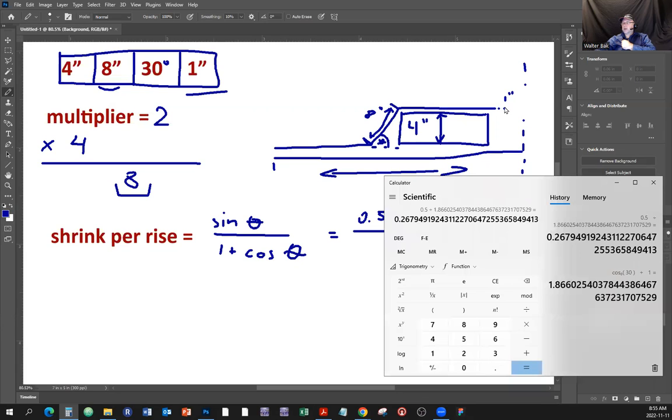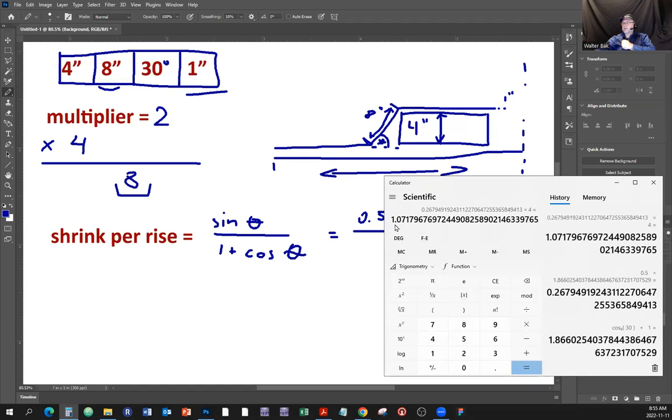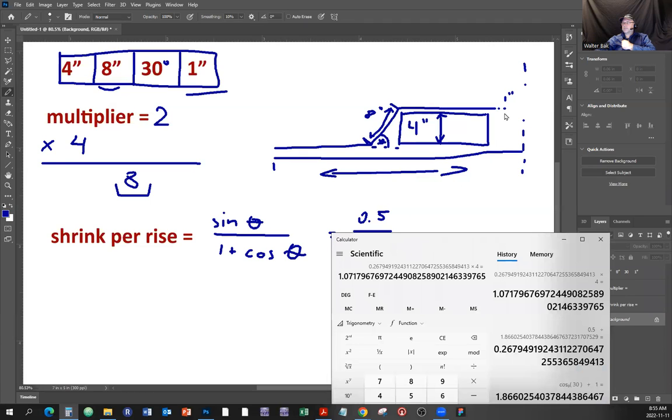But if we want to know how much the total shrink is going to be when we do this type of bend, we have to multiply it by the rise. So that thing times 4, and that gives us 1.07 of an inch. So there you go. There's a table on the sticker on this Klein pipe bender.